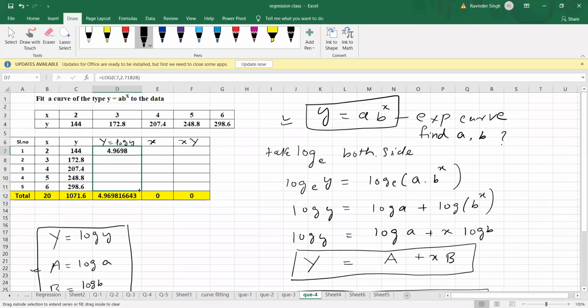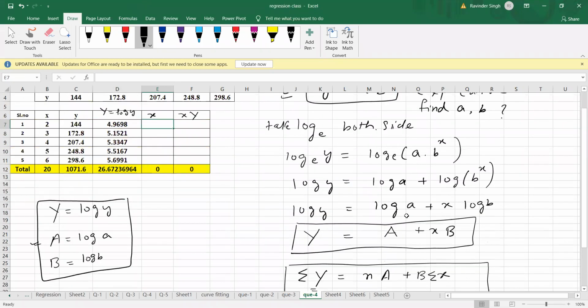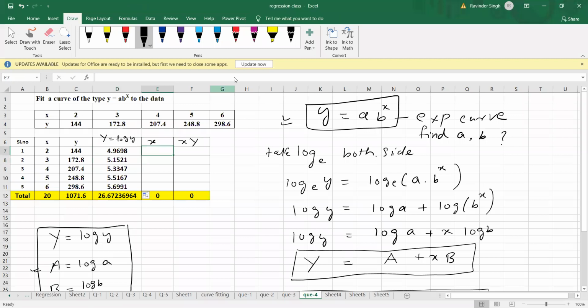Okay, so now I have got the value. I will just drag this down. Now we have got the values. Now we have to find x square, which is x power 2.